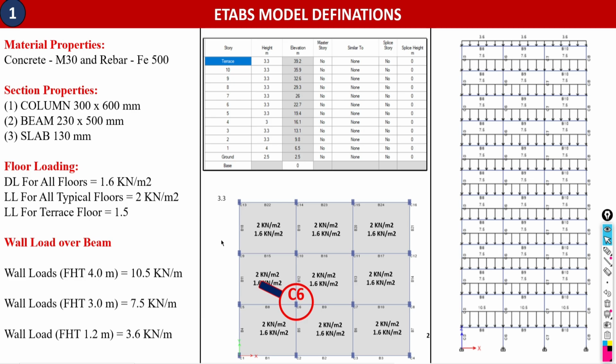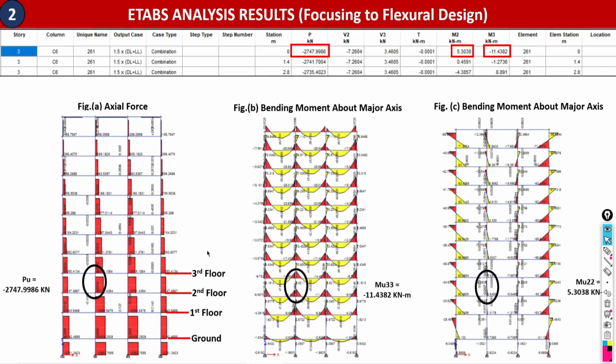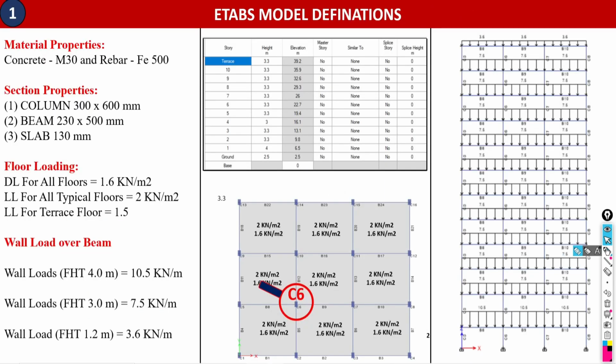As you can find here, after performing the analysis we get the analysis results. Which column are we going to take for our study? There are many columns present. We are going to focus on floor number 3, and column number 6 is what we will take for our proposed study.